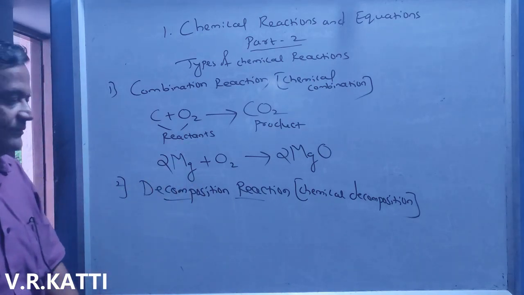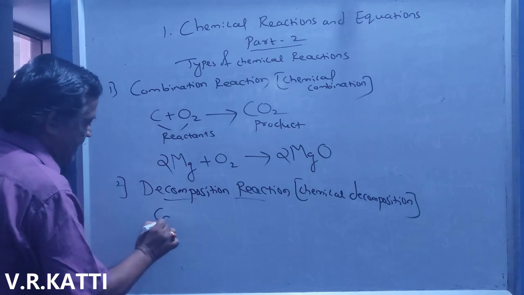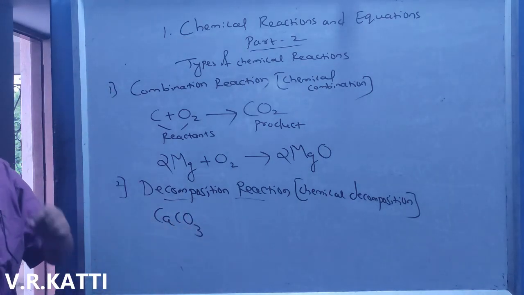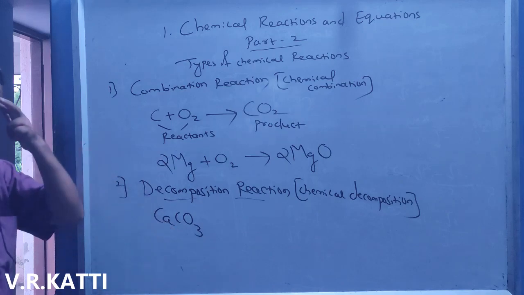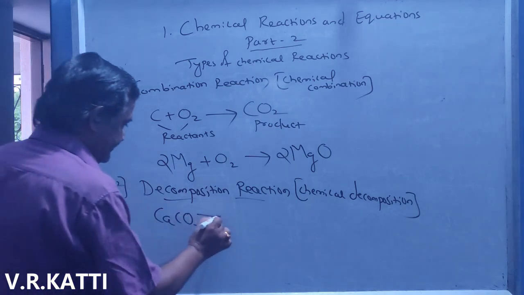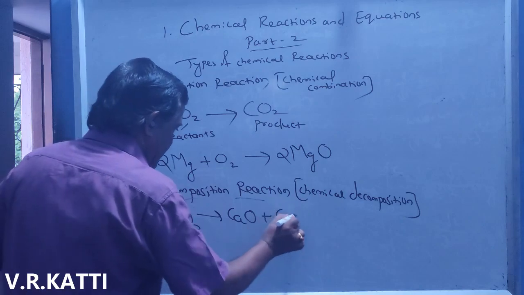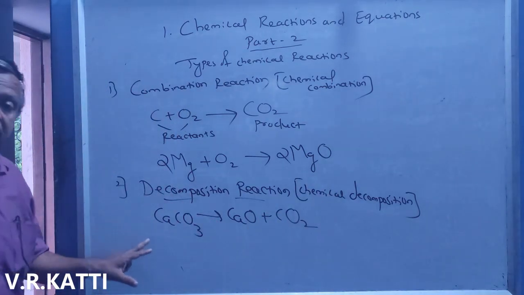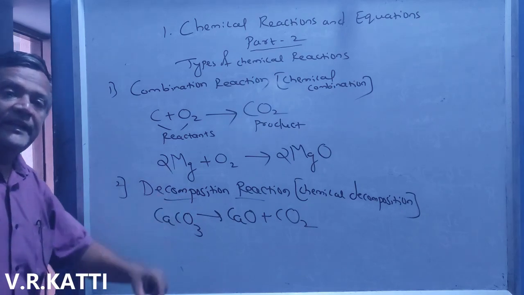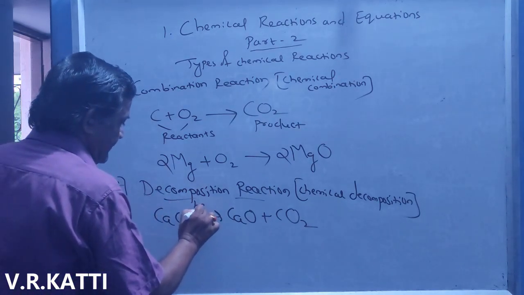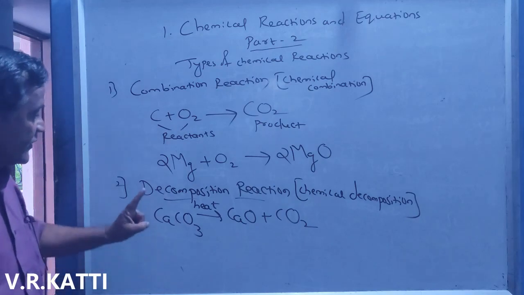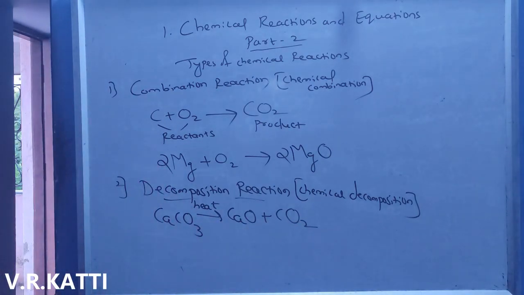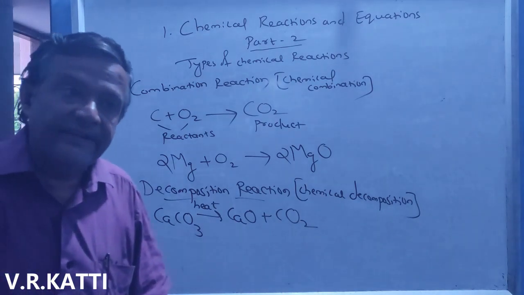For example, calcium carbonate, CaCO3. On heating, it forms CaO plus CO2, calcium oxide plus carbon dioxide.